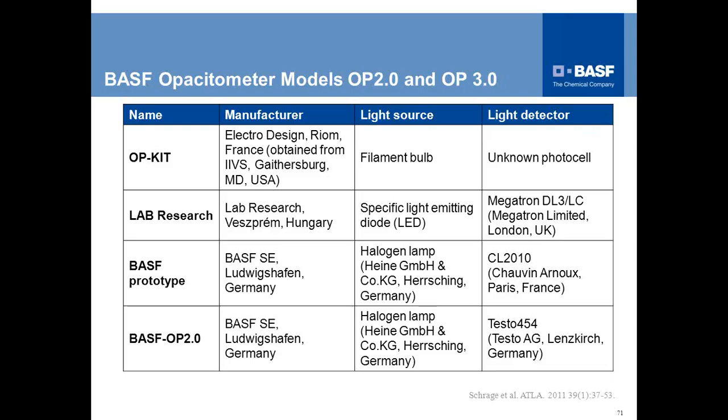Then we had our own prototype as well as the current technical status of the instrument. There were differences in the light sources as well as the light detectors, but we now ended up with a halogen lamp and a light detector that is commercially available from instrument producers.